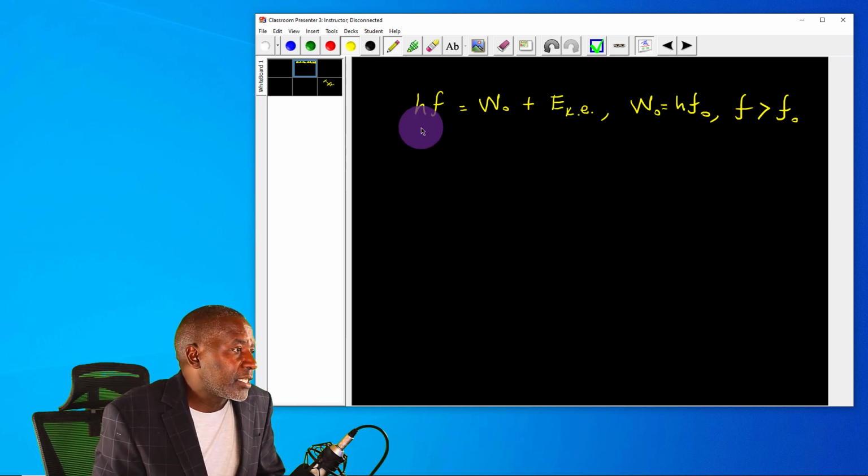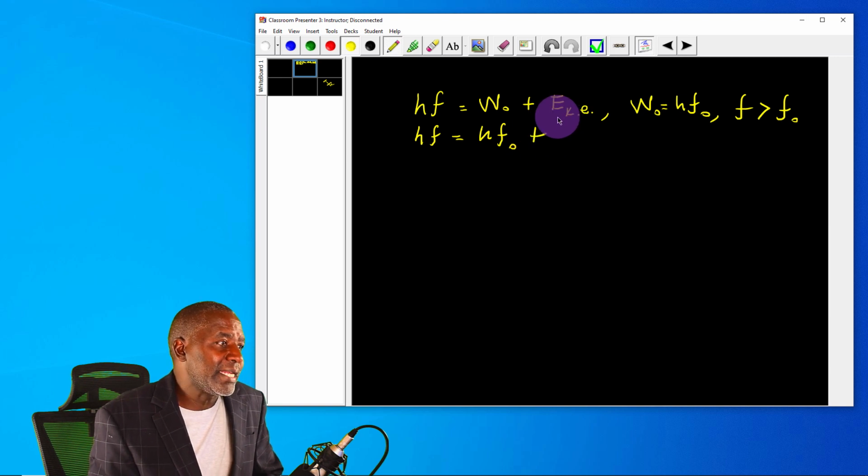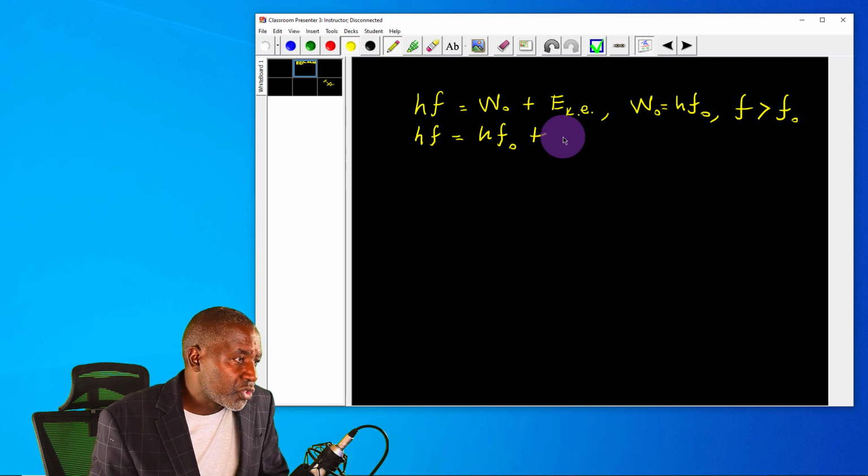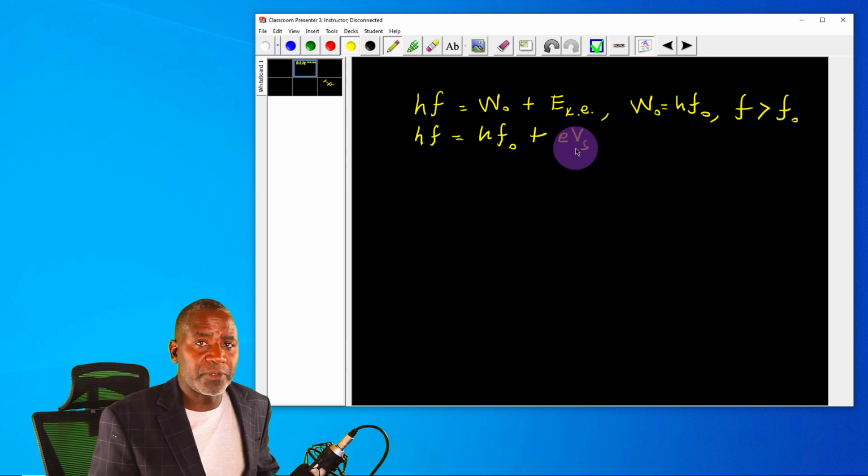Now, let's substitute this one here. hf is going to be equal to hf naught, which is a constant, plus the kinetic energy of that emitted electron, which is equal to the charge of the electron times the value of the stopping potential.